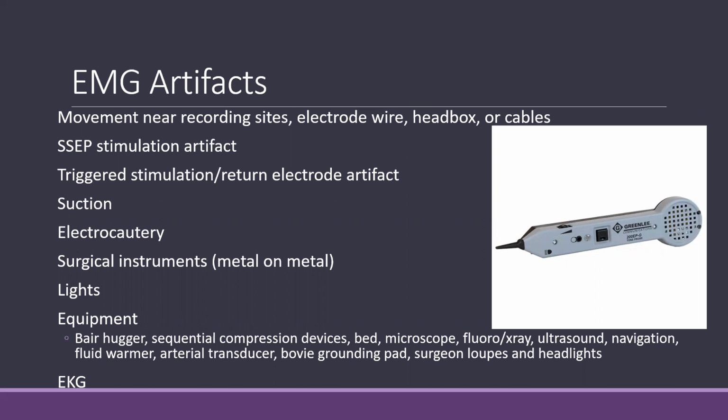Surgical instruments such as metal on metal touching inside the wound can cause very brief spike-like artifacts on the EMG. And then all the other equipment that's causing the OR to be such an electrically hostile environment, like lights, bear huggers, sequential compression devices, the bed, microscope, fluoro or X-ray, ultrasound, navigation, fluid warmers, arterial transducers, bovie grounding pads, surgeon loops, and headlights, even the remote that controls the bed. And then, of course, EKG as well will be seen.